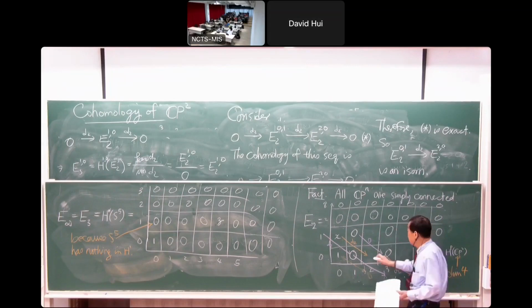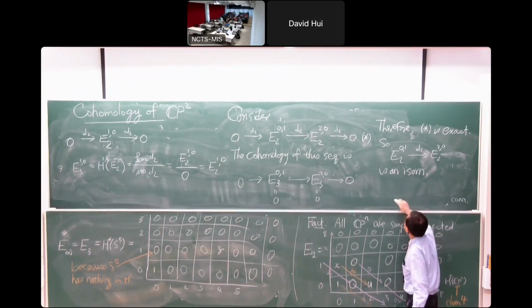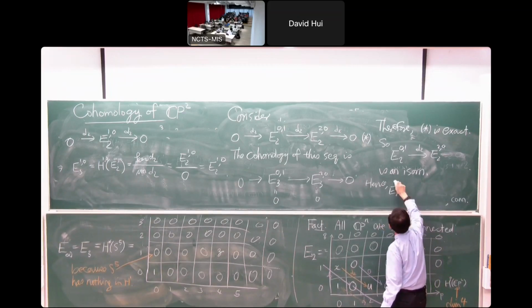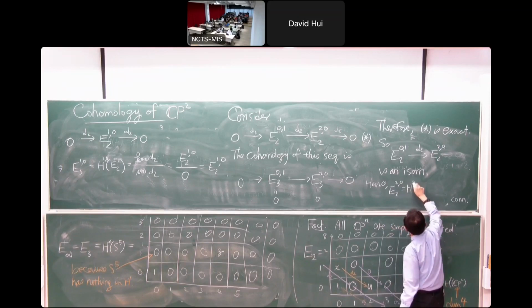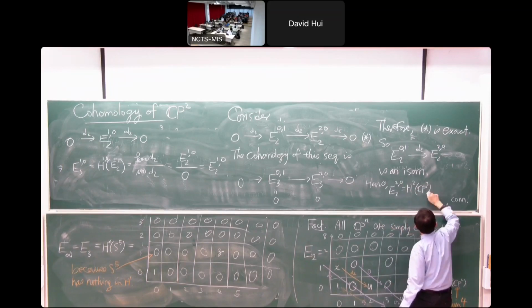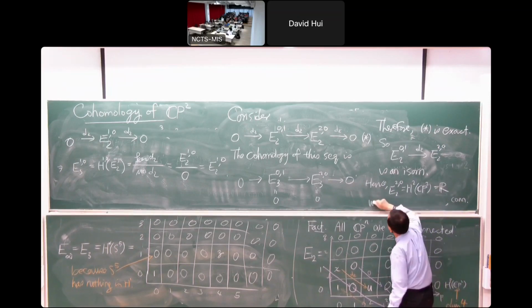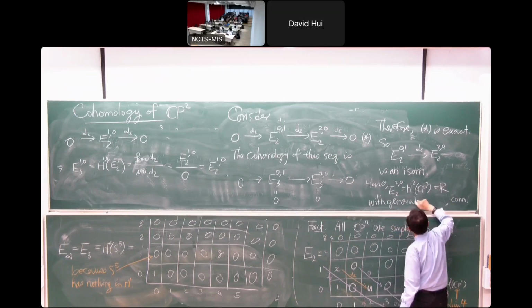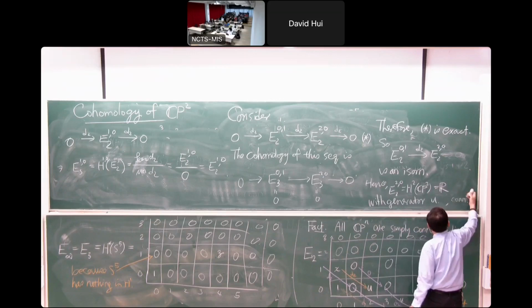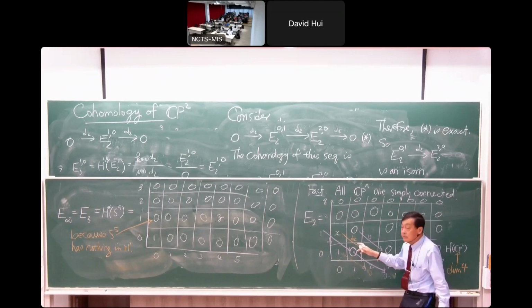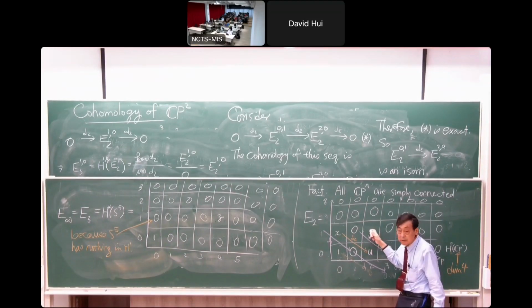So we call that generator U. So hence, E2 2,0, that's H2 of CP2, is R with generator that we just call U. And then here you have the tensor product.